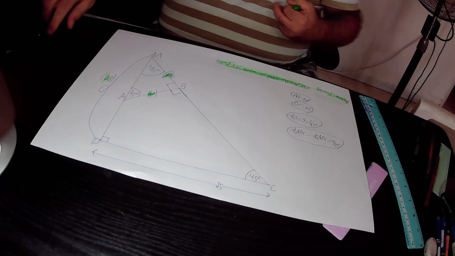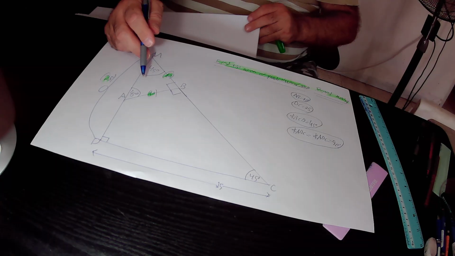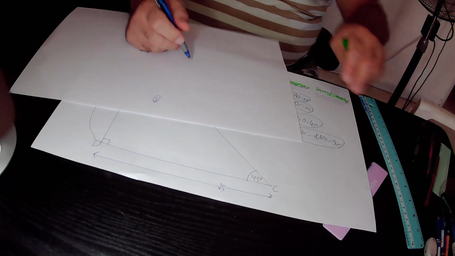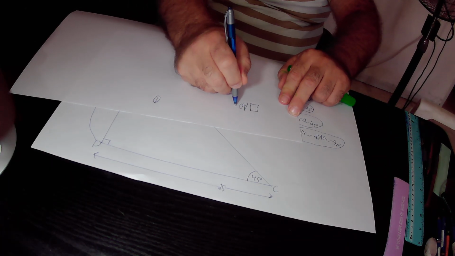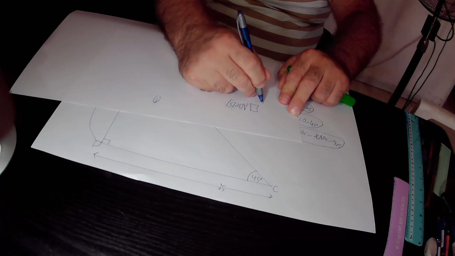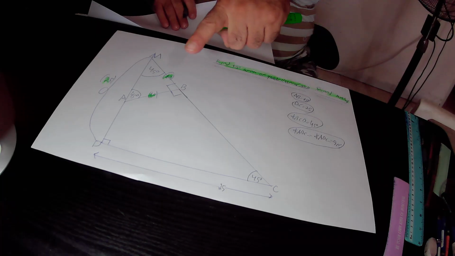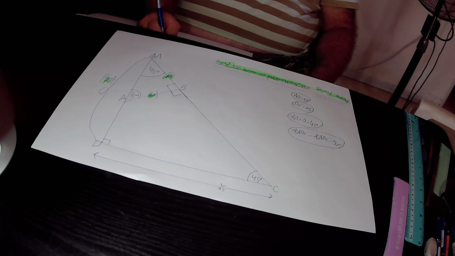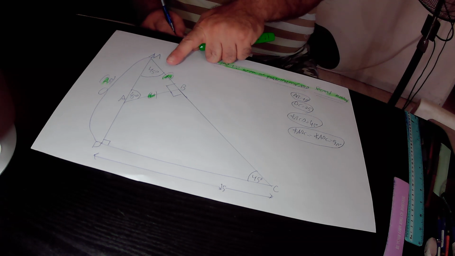So write it down. We actually found out that the area of this quadrilateral ABCD is equal to the area of the big right triangle MDC minus the area of this small right triangle MBA.